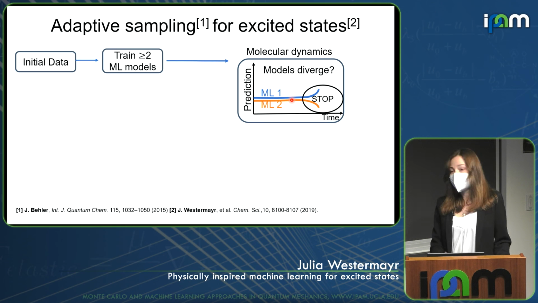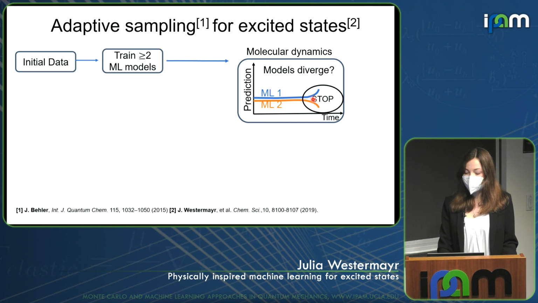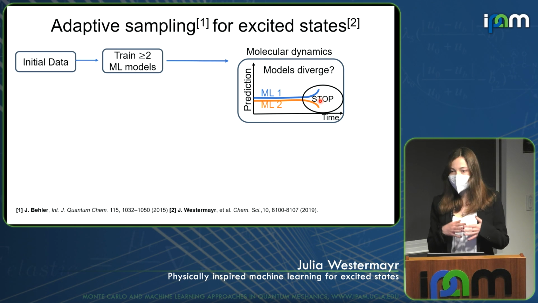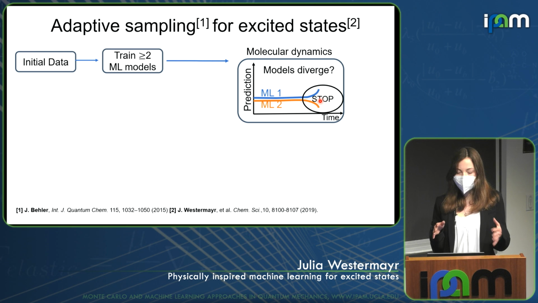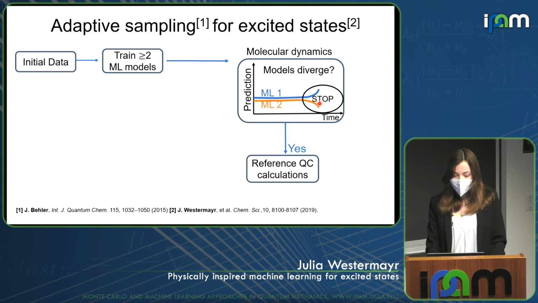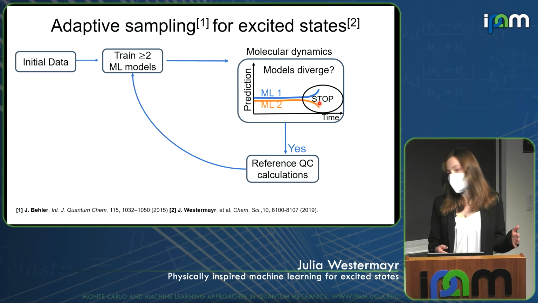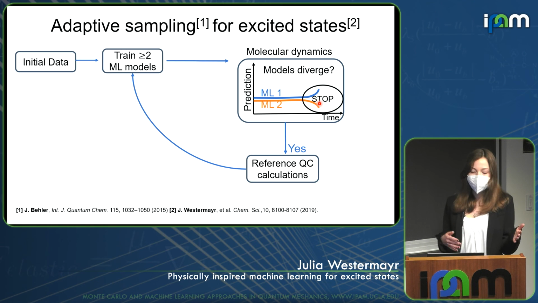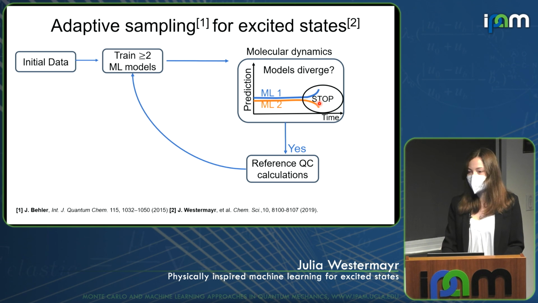At every time step, we compared the machine learning predictions to each other for energies, gradients and couplings. Whenever we left the region that was sampled comprehensively, the machine learning models started to diverge from each other. So we could detect this data point, we did a reference quantum chemistry calculation, and then we added this data point to the training set. And we thought, yes, in this way, we can get a nice training set for dynamics.